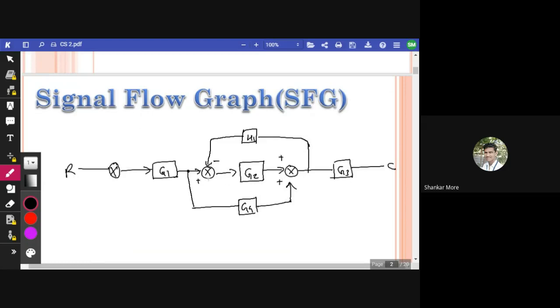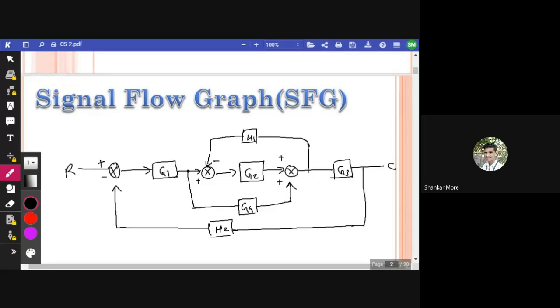This is plus, that is minus, and the last one we have is one feedback H2 coming from this side. The sign for this is also plus, and this is negative. So let us suppose this is a block diagram, and we have to draw a signal flow graph for this diagram.